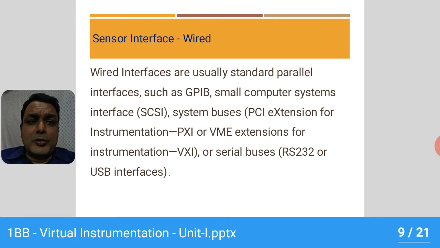Wired interfaces are usually standard parallel interfaces such as GPIB, General Purpose Interface Bus, and Small Computer System Interface, also referred to as SCSI; system buses, PCI extension for instrumentation, PXI, or VME extension for instrumentation, also known as VXI; or the serial buses, popularly known as RS-232 communication and USB interfaces.